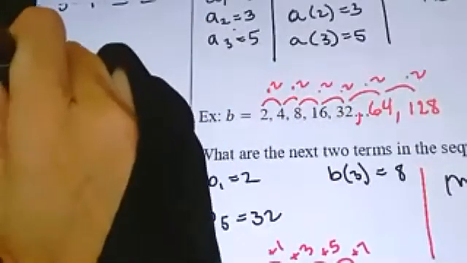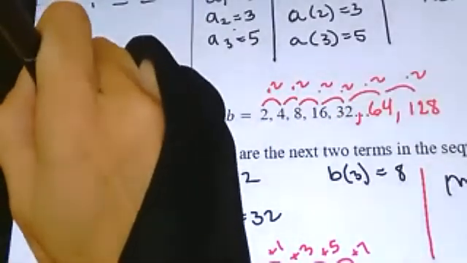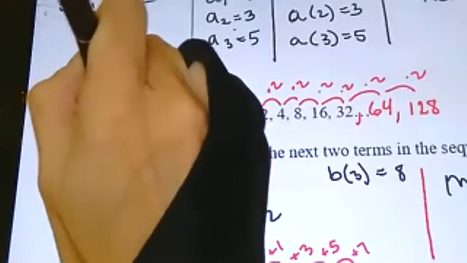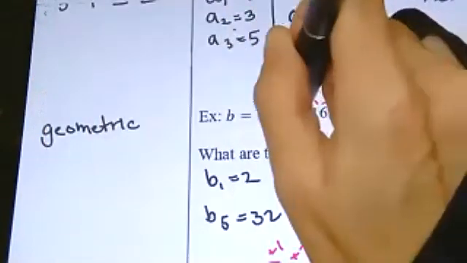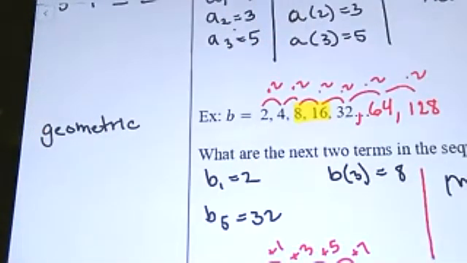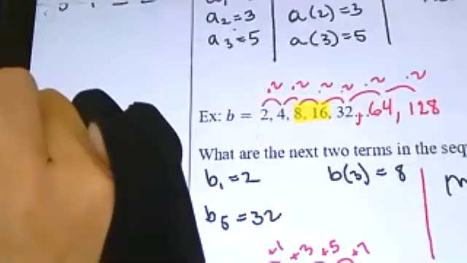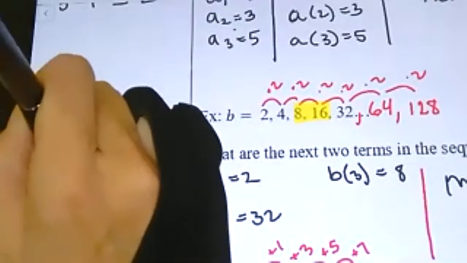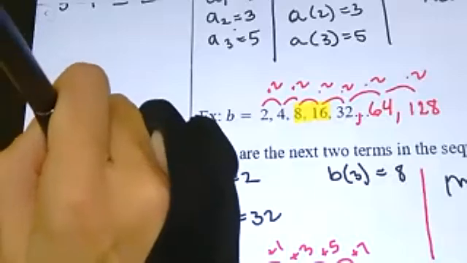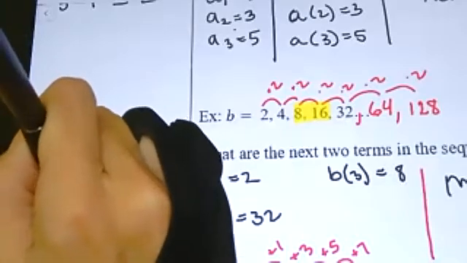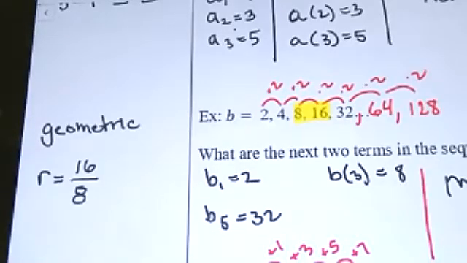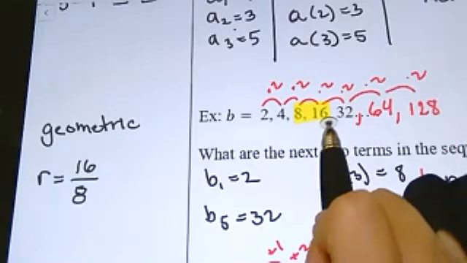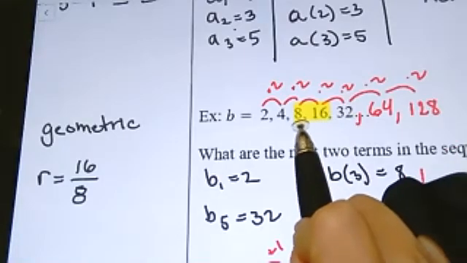So this one is geometric. Take any two numbers right here. I'll take the 8 and the 16. We're going to find the common ratio. We're going to start with the 16 and divide by the number in front of it. Make sure you divide it in the correct order. So we take 16 and divide it by the 8.